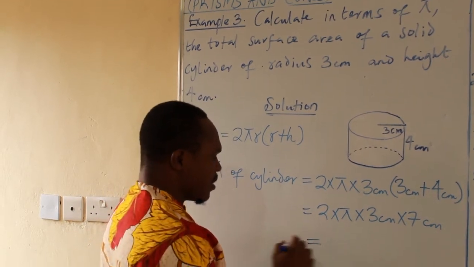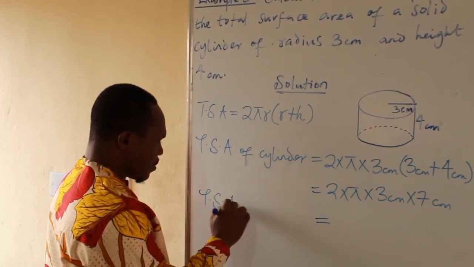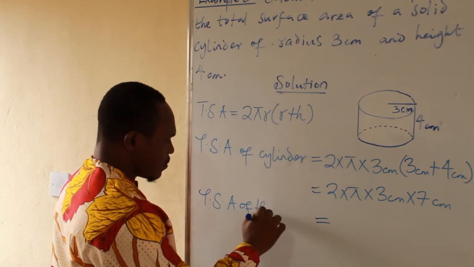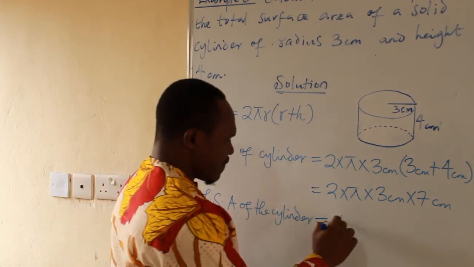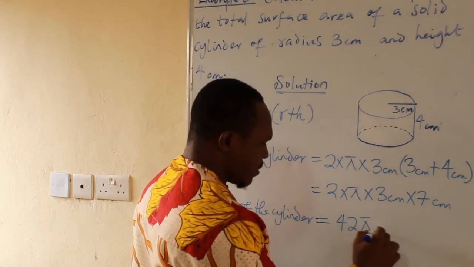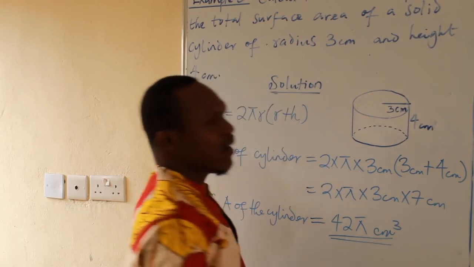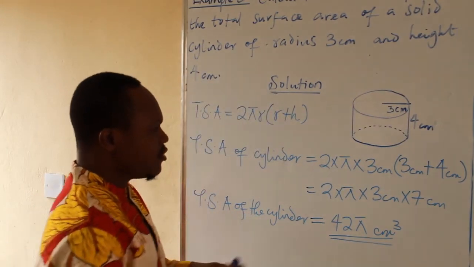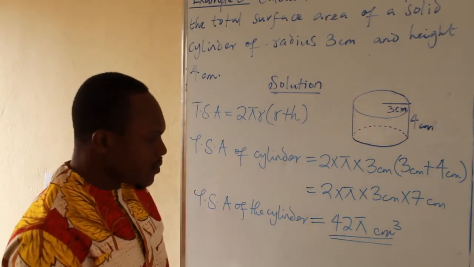So our final answer as a total surface area of the cylinder is 42 pi centimeter square. This is why they said you should give the answer in terms of pi. So the representation of pi must be there in the final answer.